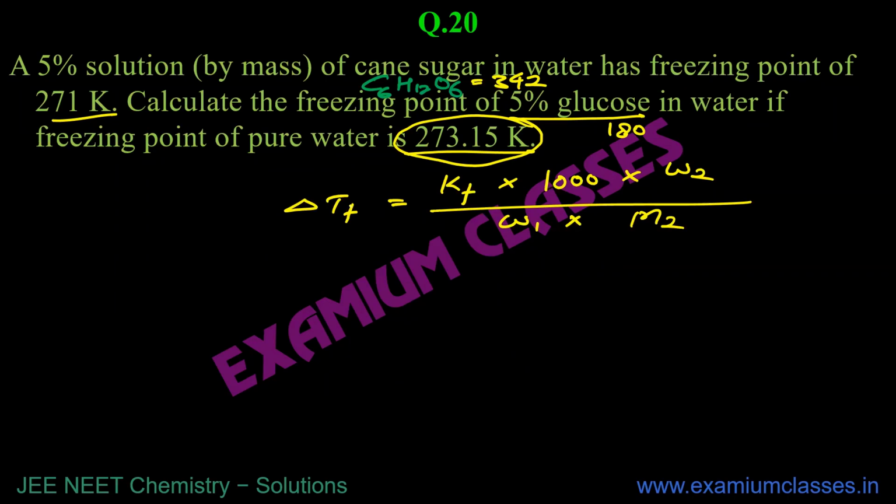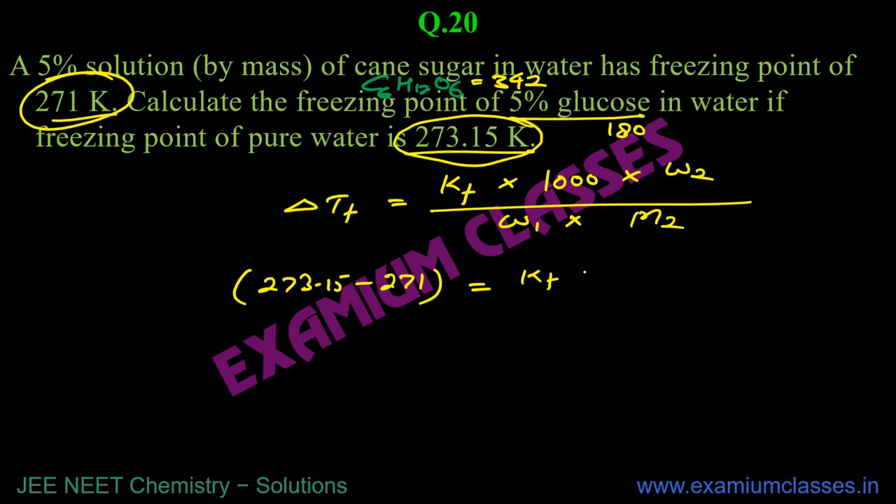Delta TF will be TF naught minus TF, means 273.15 minus what is of the solution, 271. This is delta TF. It will be equal to KF. And basically you don't need KF here. Otherwise of pure water, you know it is 1.86, right? But you don't need to write because it will get cancelled.